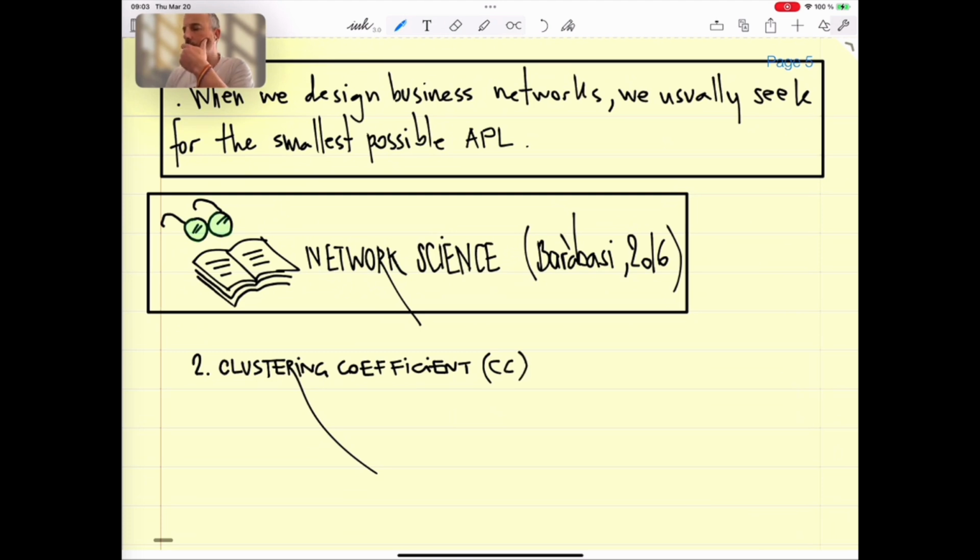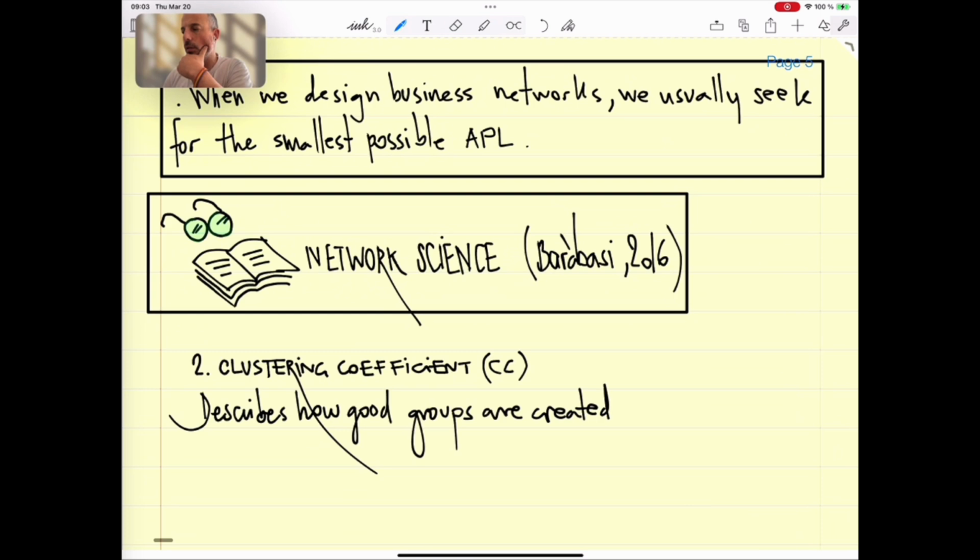Okay, it describes how good groups are created in the network.